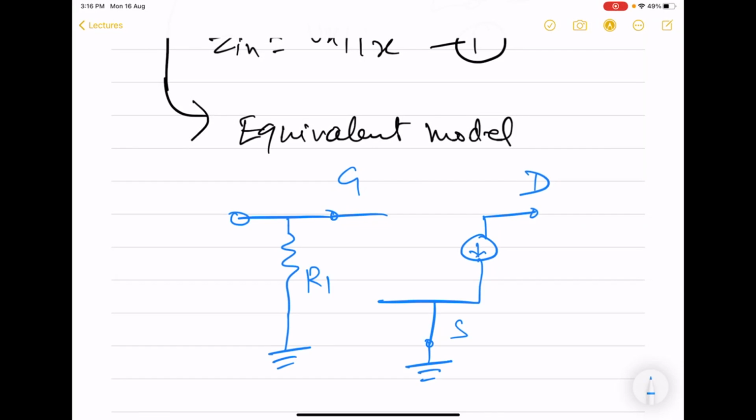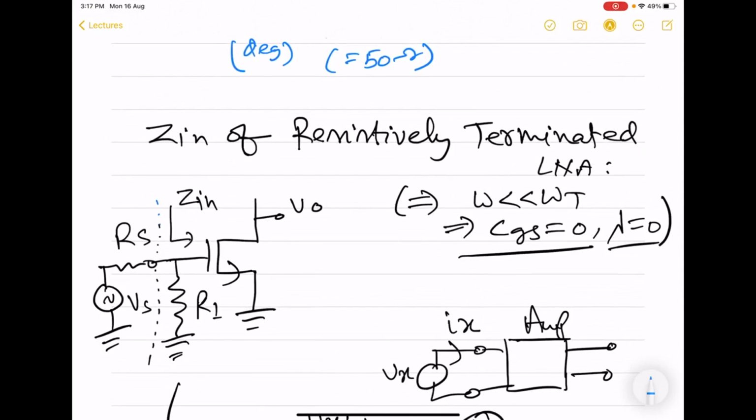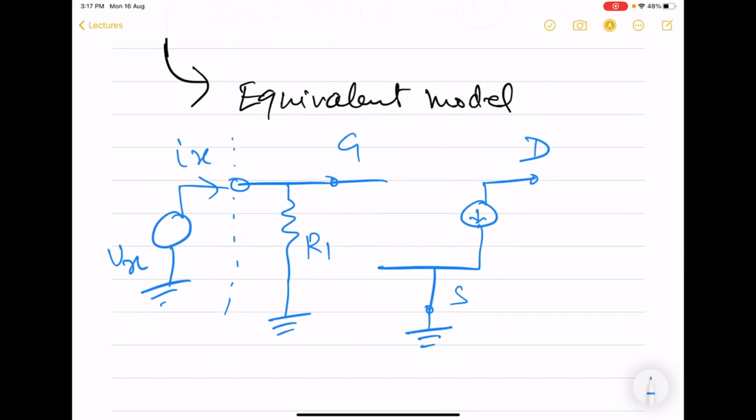And then we have a source on this side, but keep in mind that our input reference plane is here, so we need not include this RS and VS. We can remove that source and just include an unknown voltage source here and find out Ix. So that ratio is going to give rise to the input impedance.